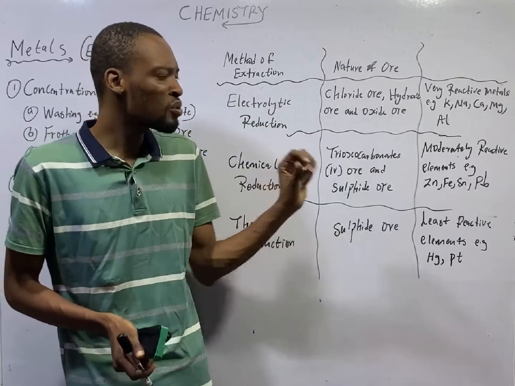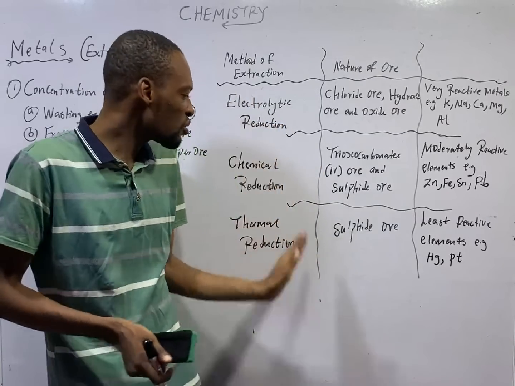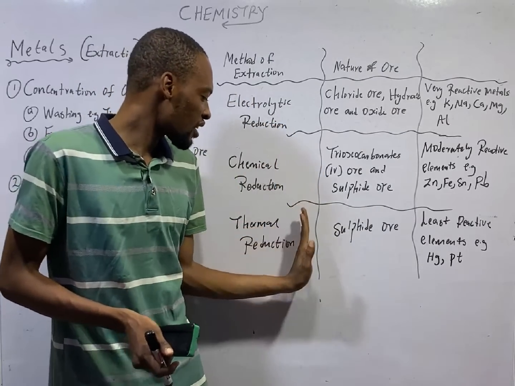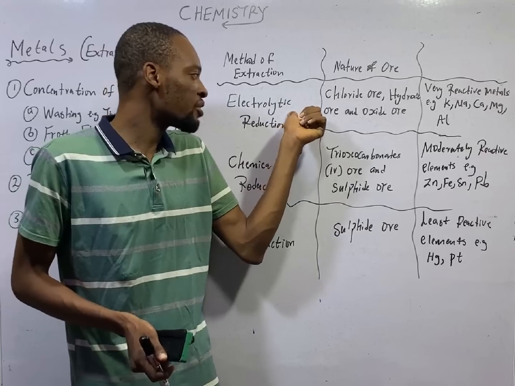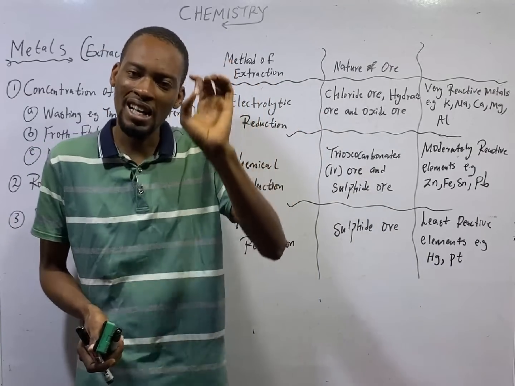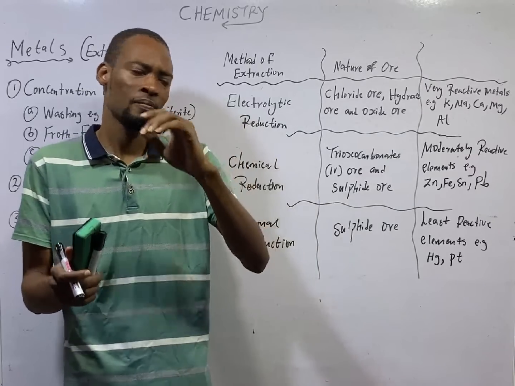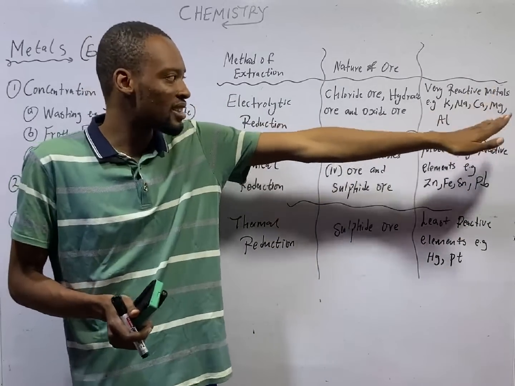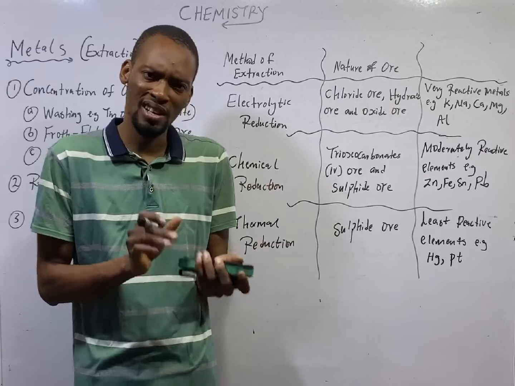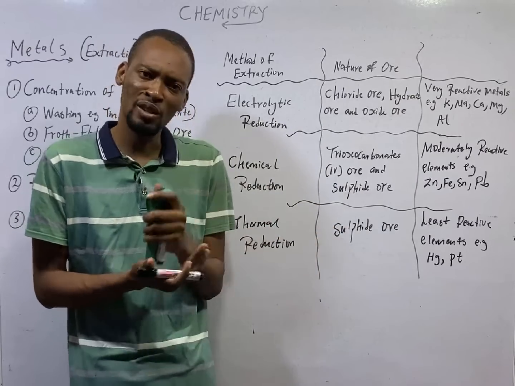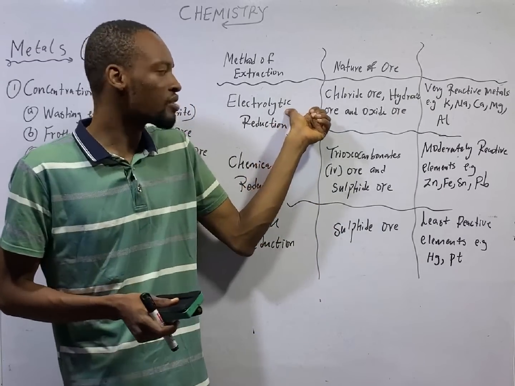The method you finally employ, whether chemical reduction, thermal reduction, or electrolytic reduction, depends on how reactive the metal is. For the very reactive metals, potassium, sodium, calcium, magnesium, and aluminium, we use electrolytic reduction.